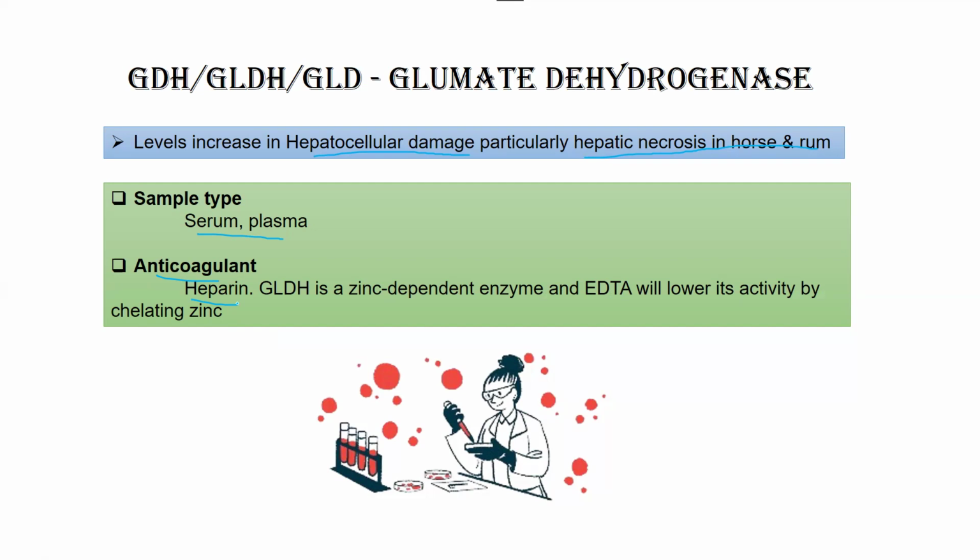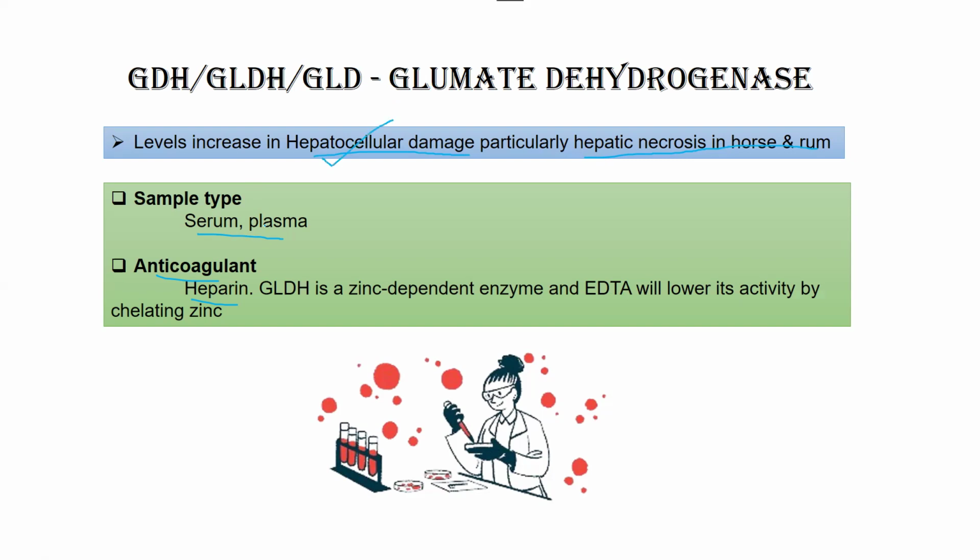But if we use a purple top tube, which has EDTA, it will chelate the zinc, so the levels of these enzymes are going to be falsely reduced in the sample, and that's why EDTA is not preferred for measuring these tests. This was all about GDH.